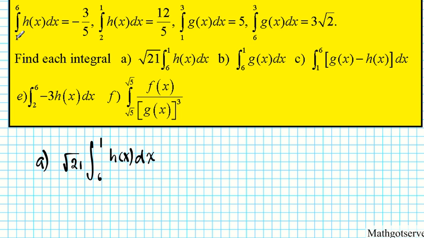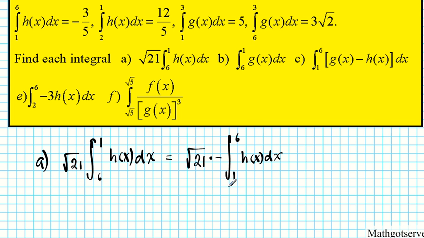Well, we know the antiderivative from 1 to 6 is negative 3 over 5, right? So what we're going to do is we're going to use the order of integration rule to switch the order here. Remember, when you switch the order, you switch the sign, right? So this becomes the square root of 21 times negative antiderivative from 1 to 6 of h of x dx. Okay, notice I switch the order and then I introduce this minus.